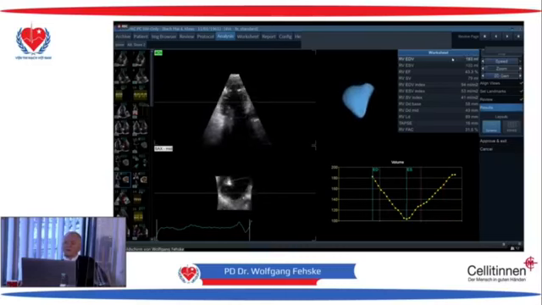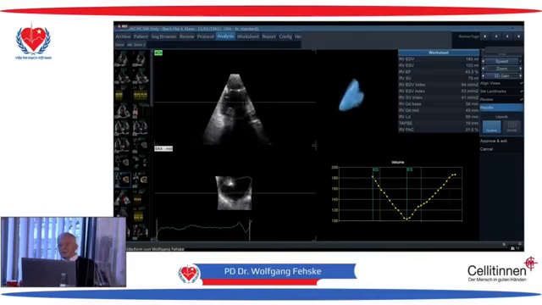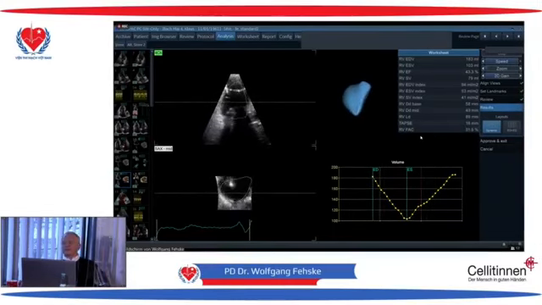Normally it's 60 to 80 milliliters, and here is the ejection fraction. This large ventricle has a normal ejection fraction, and there is this fractional area change which is reduced. That means this is a large volume, and due to the pumping function of the interventricular septum, the ejection fraction is okay, but the fractional area change is a little bit reduced. Something is wrong with that ventricle.